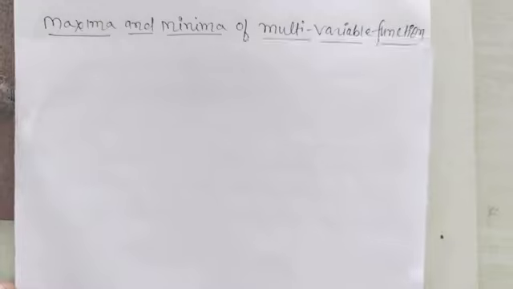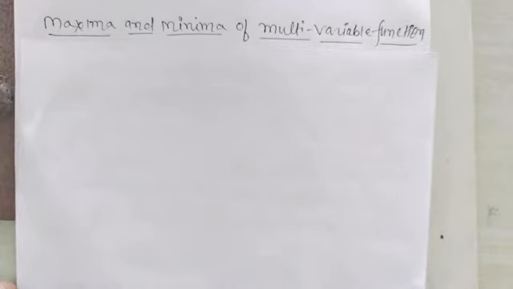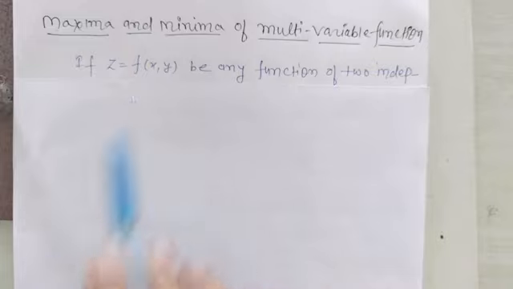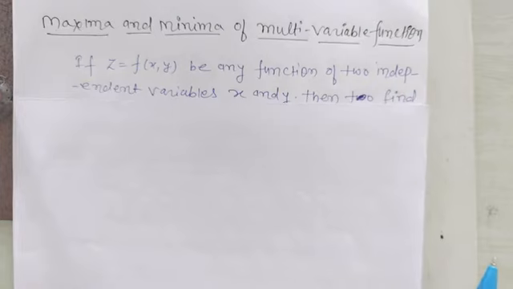Now come to the maxima and minima of a multivariable function. How do we calculate the maxima and minima of a function of more than one variable? Suppose z = f(x, y) is any function of two independent variables x and y.